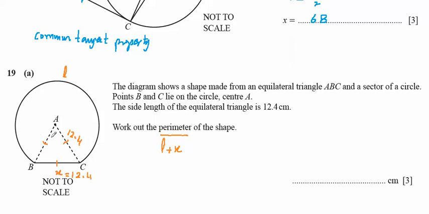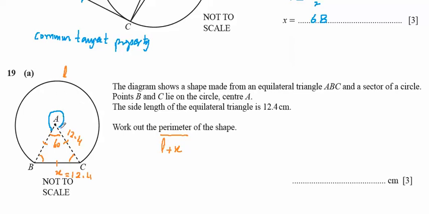And we know that this angle, according to the equilateral triangle property, is 60. All the three angles are 60 each. We actually need the angle at the center only. Now we can find this arc length if we know this angle, because this major sector has the major angle.